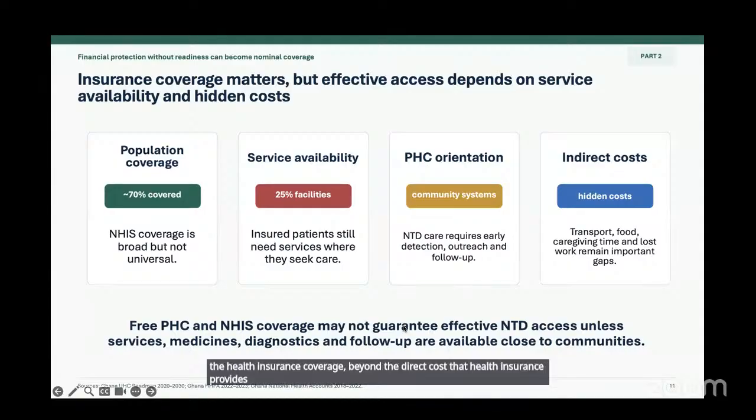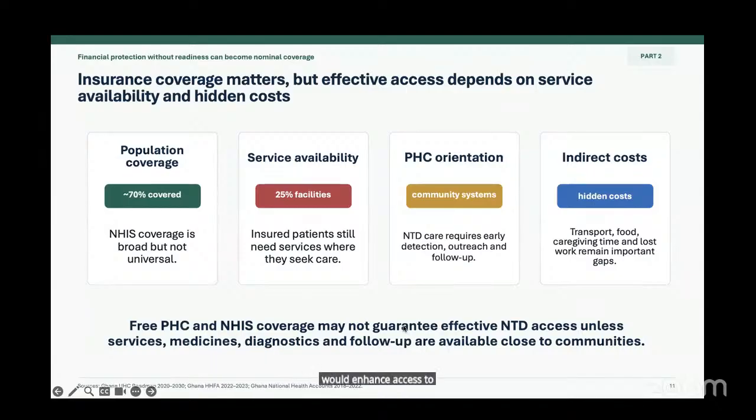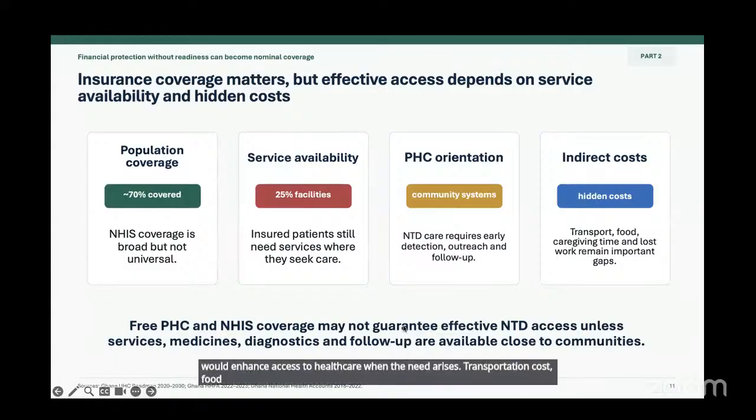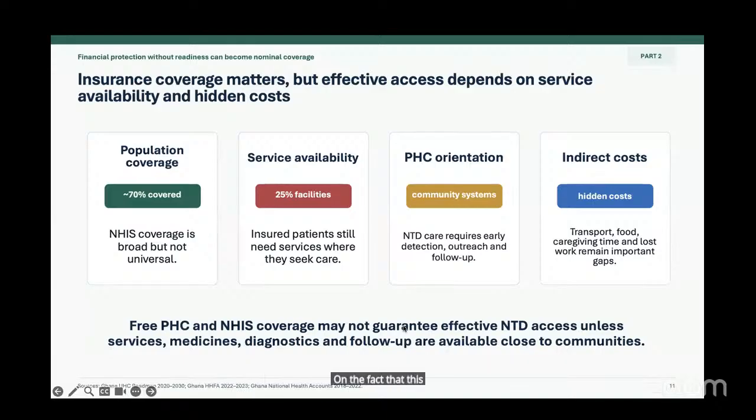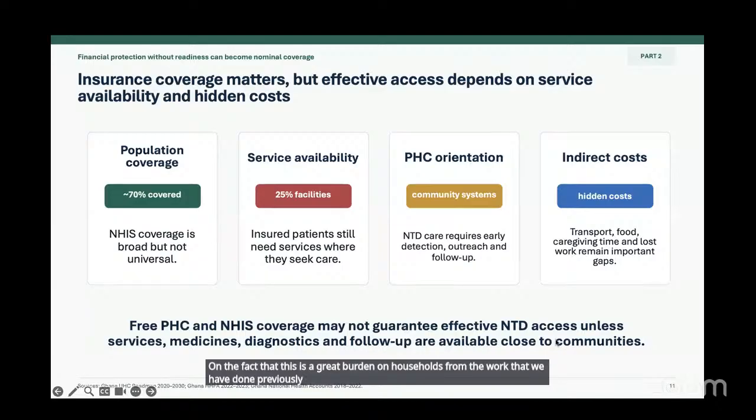And I think Dr. Agogo, when he was speaking, mentioned roads that would enhance access to healthcare when the need arises, transportation cost, food and accommodation, caregiving time that is lost, and all of that. So these are hidden costs that we have not really focused on or emphasized. And later on, I'll give evidence that this is a great burden on households from the work that we have done previously on NTDs.